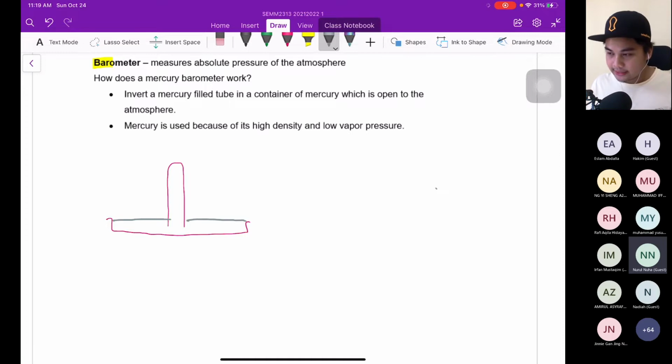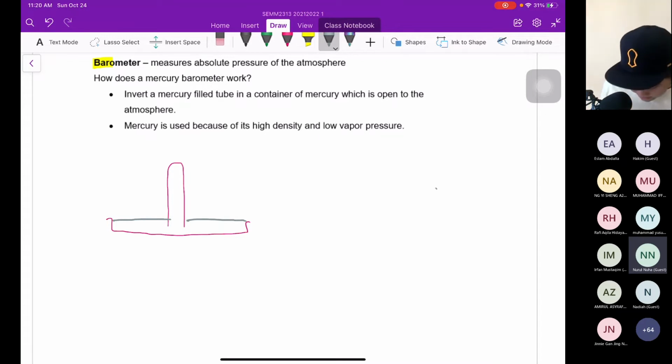So in order to do this, the first step, we have the beaker, the beaker full of mercury. And then another one, we take the test tube, a tube here. We fill it up with mercury, and then we try to invert it inside the beaker.